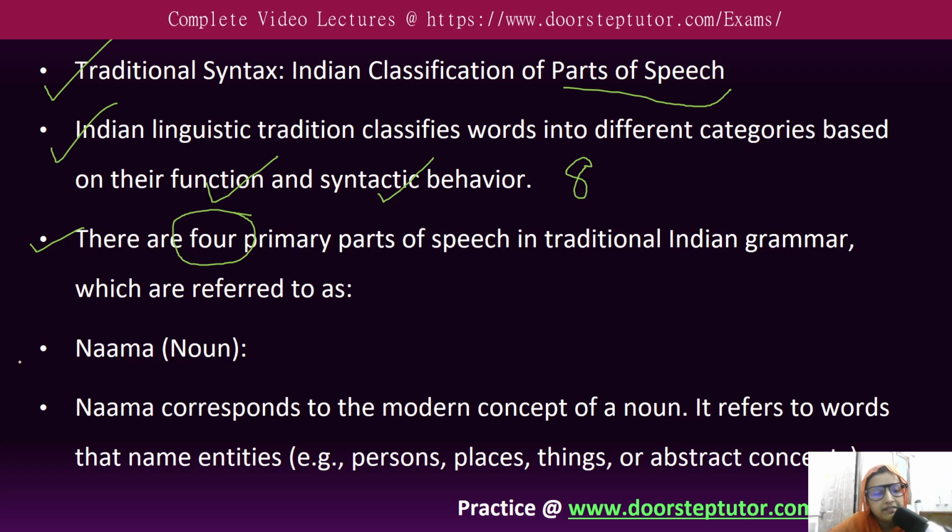Okay, firstly we will look into naama. Naama is another word for noun. It corresponds to the modern concept of noun. Now we've all read about these things when we were really young, right? We studied these at the level of school. So what was a noun actually? What is referred to as a noun? The problem is that we all know deep inside our head what a noun is, but we are not able to define it.